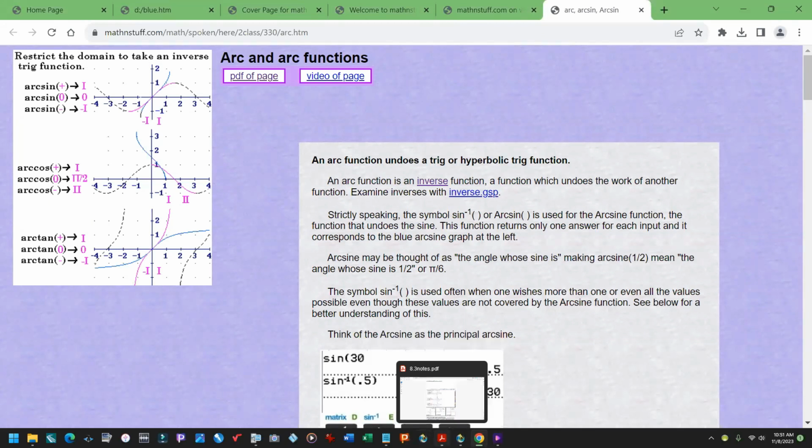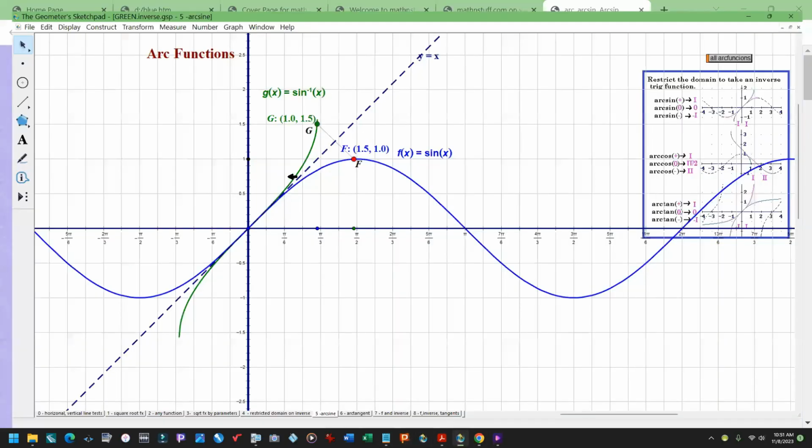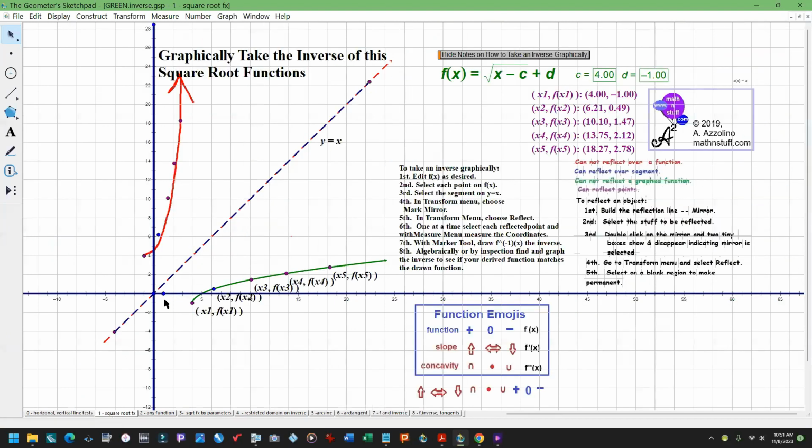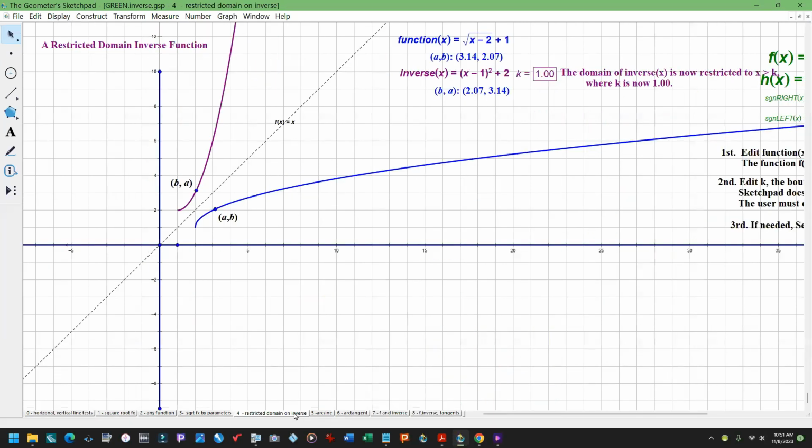That's when we looked at this. We were looking at a square root function and how we reflected it. Then I went to this page and you saw about the restricting.